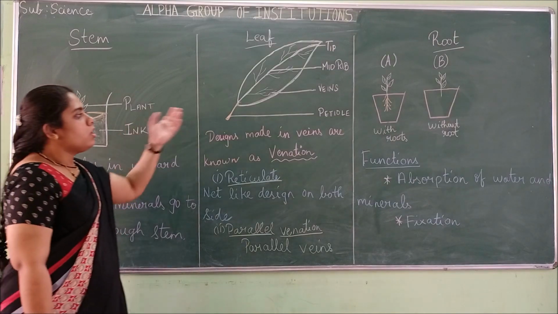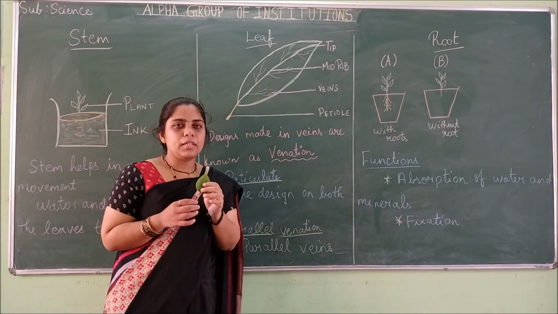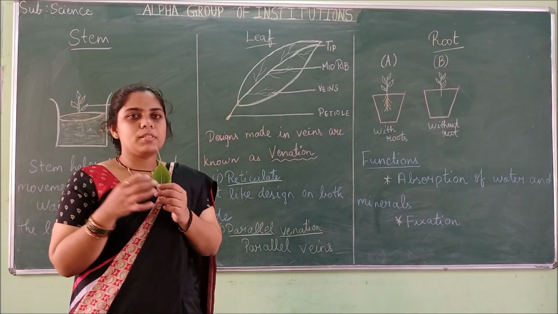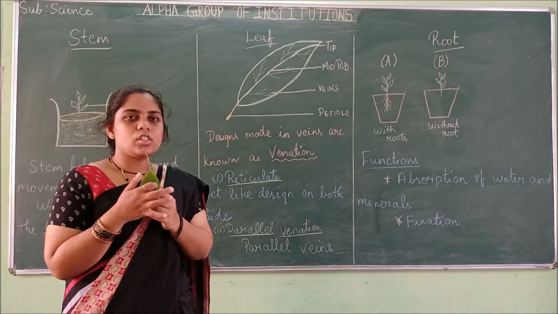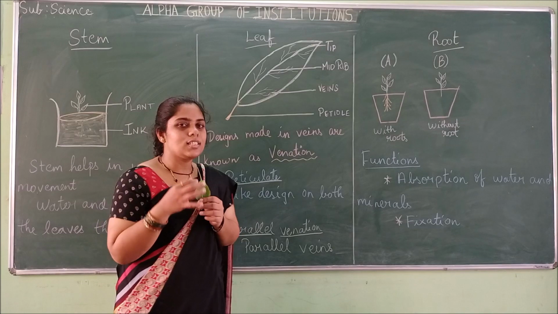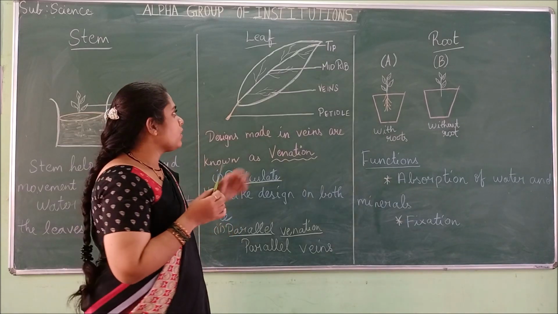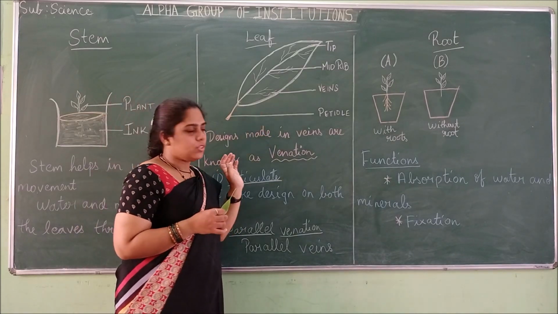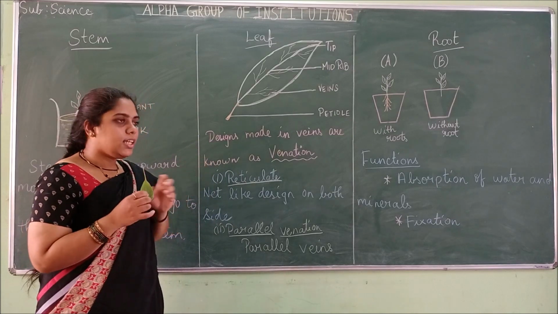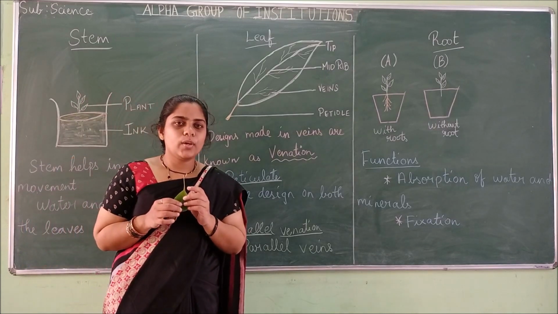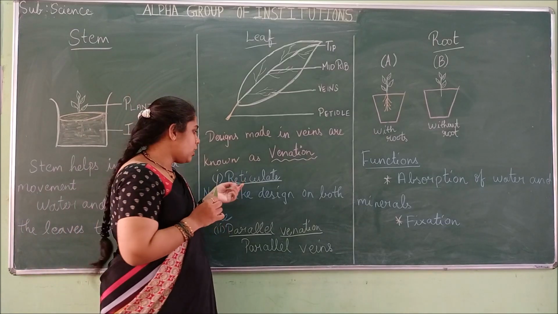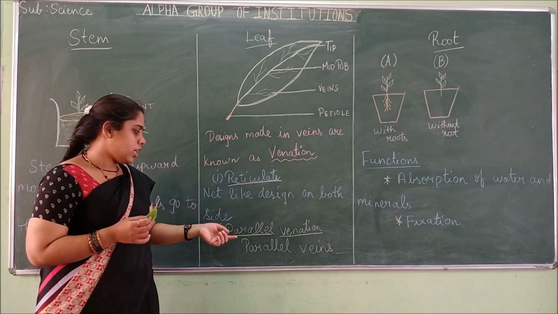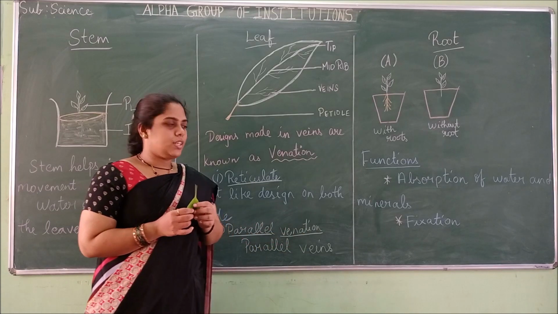So we saw the parts of the leaf: the petiole is present, the midrib is present and veins are present. Small branches from the midrib are called veins, and the tip is present. So these are the parts of the leaf, and when the designs are present in the veins, it is called venation. Venation is of two types, reticulate venation and parallel venation.